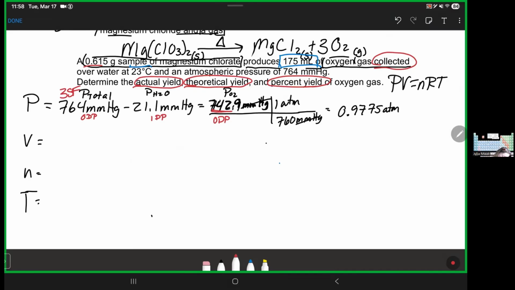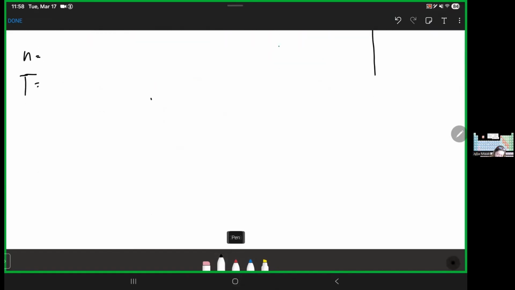So what I want you to recognize is this volume they gave us, that is our actual yield. So my actual is the 175 milliliters of oxygen.